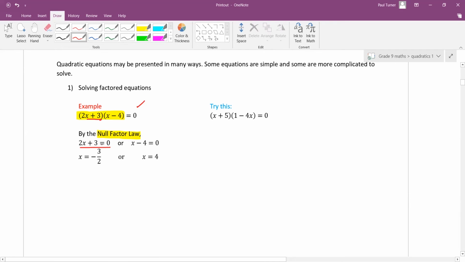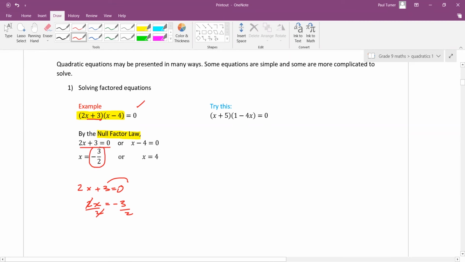So if 2x plus 3 equals 0, we just rearrange the equation. Let's do it again. You can move your 3 to the other side. It will become minus 3, like that. And then if you want the 2 gone, we divide by 2 both sides and cancel. You'll get minus 3 on 2.